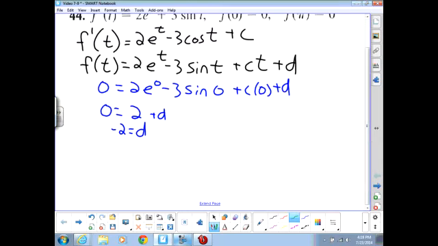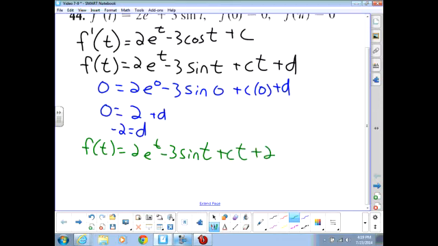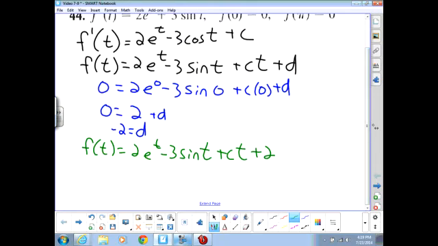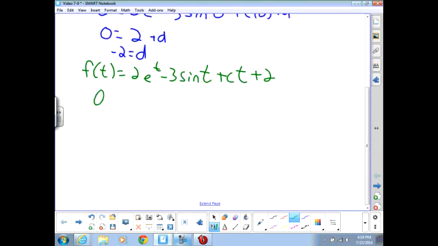So we'll go ahead and we'll put that in. So we know f of t is equal to 2 e to the t minus 3 sine t plus ct plus 2. Our other point was pi comma 0. So we'll put 0 in for y and pi in for t.